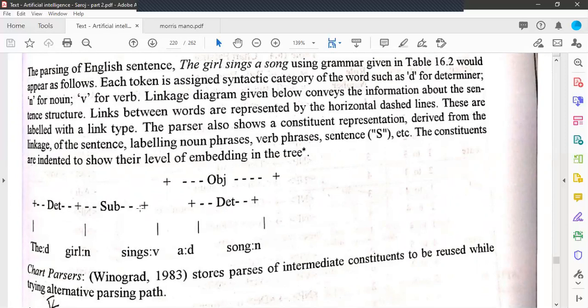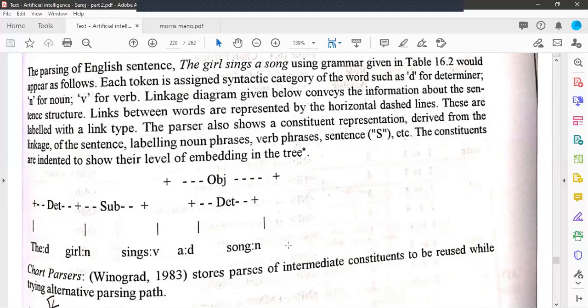Because primarily here verb follows the subject, which is girl. So verb, here comes verb. So that's why there is a plus here. And the last part, a song is an object which in turn has determiner D and a song.